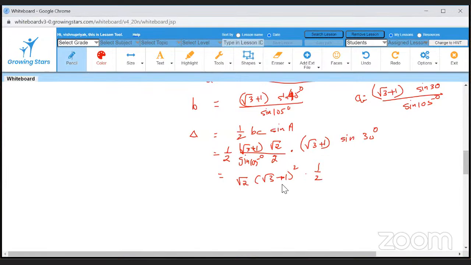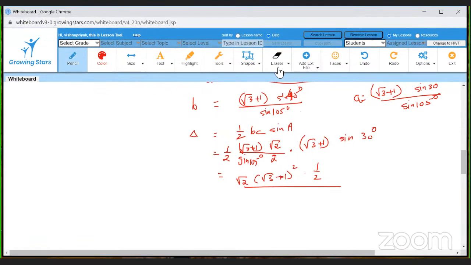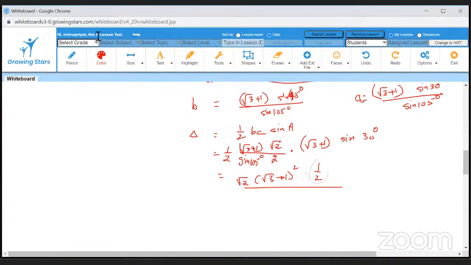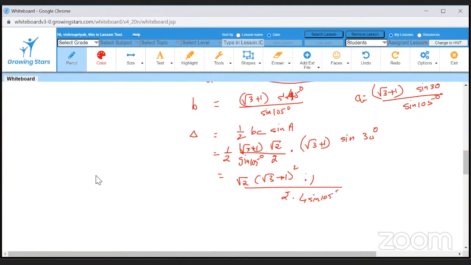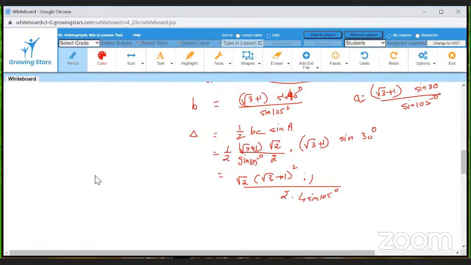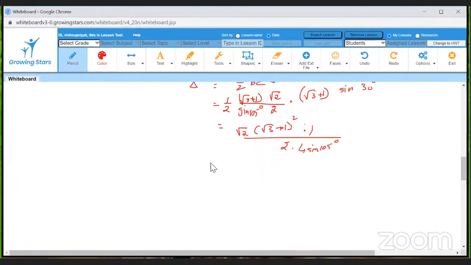Sine 30 degrees is 1 by 2. 1 by 2 I can write down. And already at the bottom I have 4 sine 105 degrees. This is what we have.